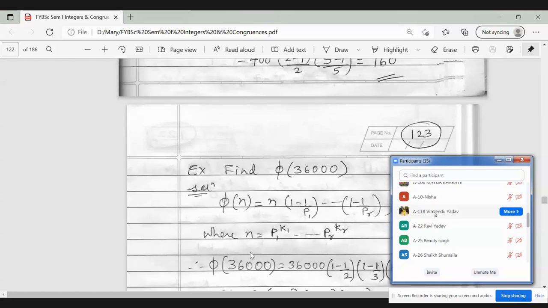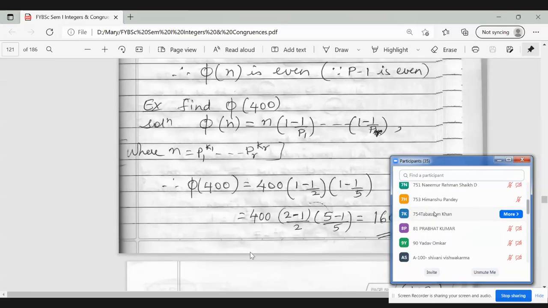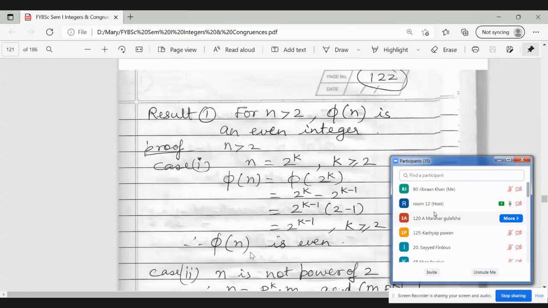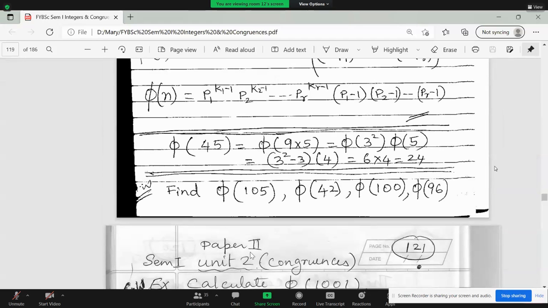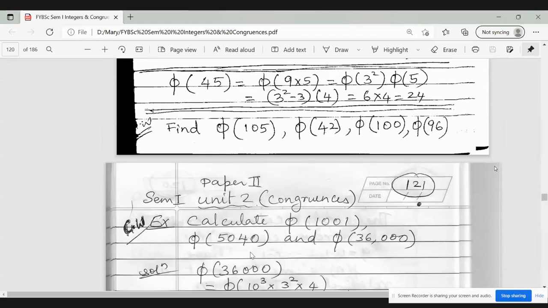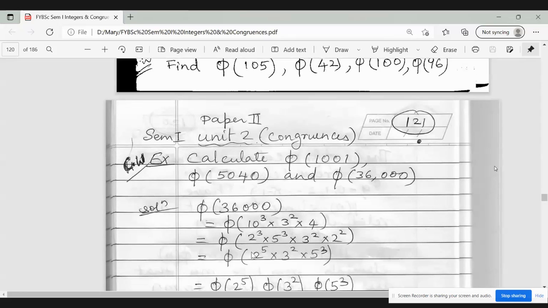Now let us see how we have done here. In different ways you can do. It is written as 10 cube, 3 square into 4. I just factorized it: 2 raised to 5 into 3 square into 5 cube.